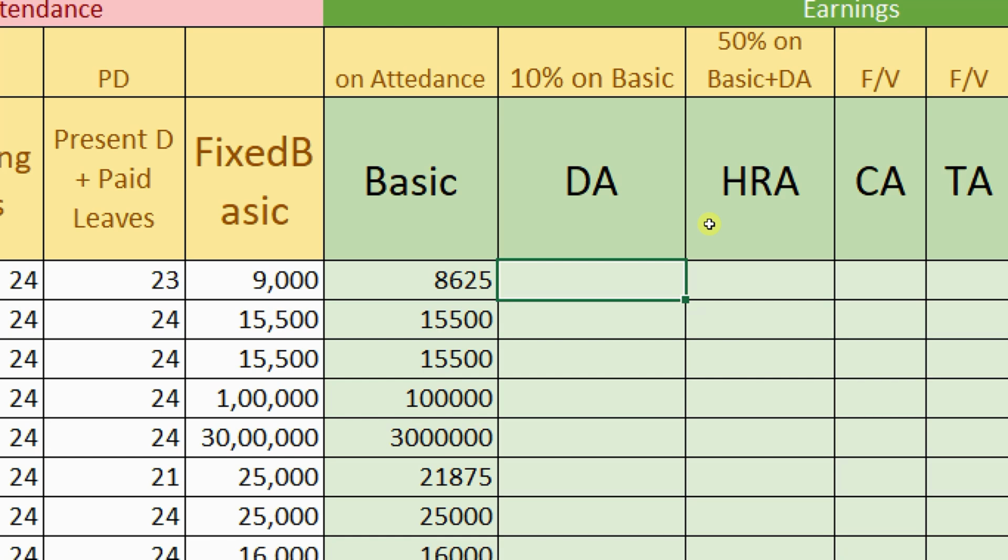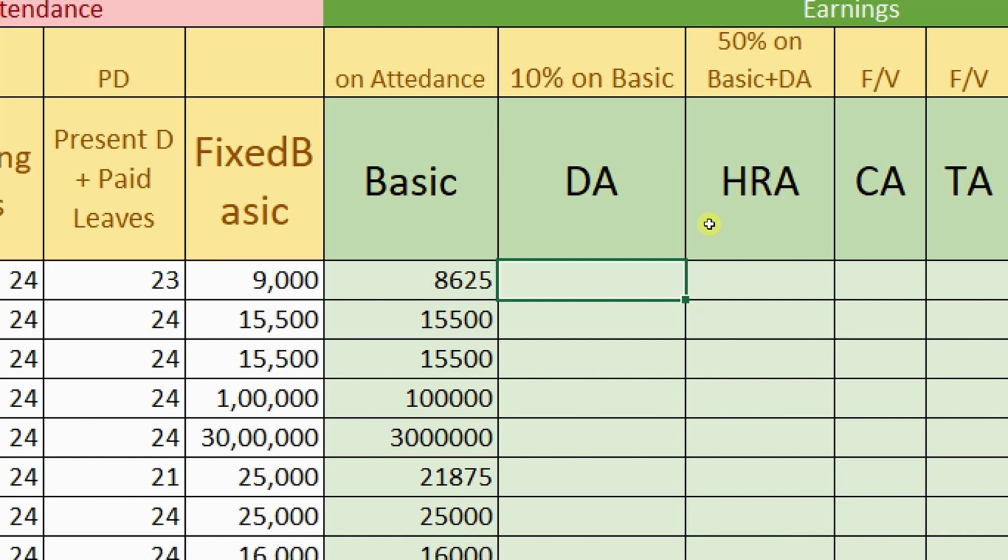If any private company would like to support purchasing power, they will directly give you what? An increased basic. They will directly increase the basic. You got my point? So mostly private companies do not offer DA, but if your company is offering it, you take it. It can be 10%, 20%, 30%, 40%.